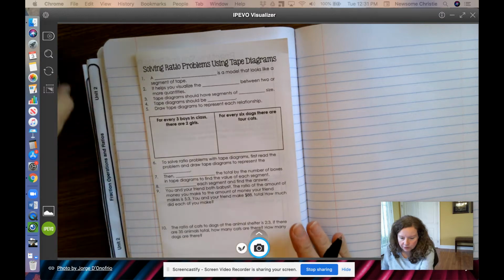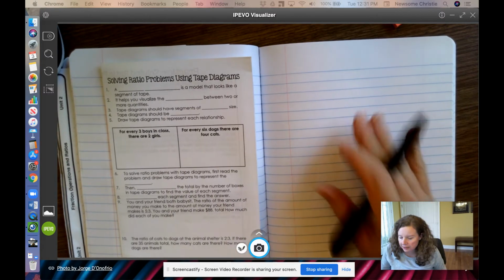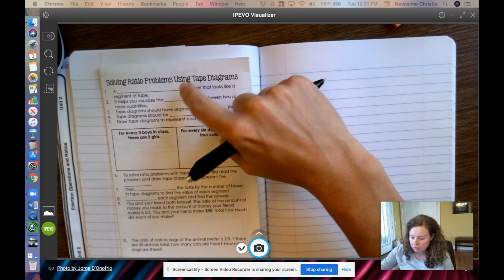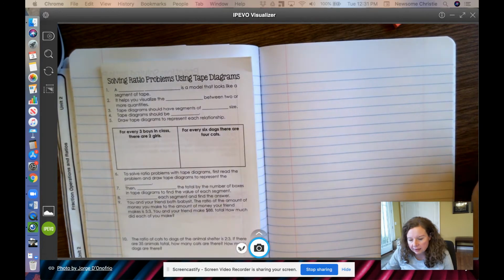So what I want to do first, without much explanation over here, is just draw for you a tape diagram, because I think if you have in your brain a picture of what one looks like, it will make a little bit more sense as I go through and label some of these.